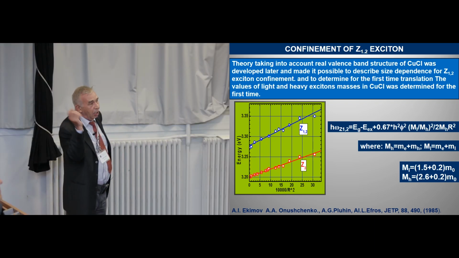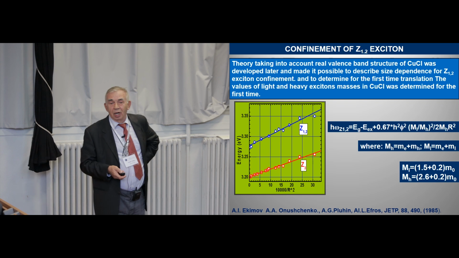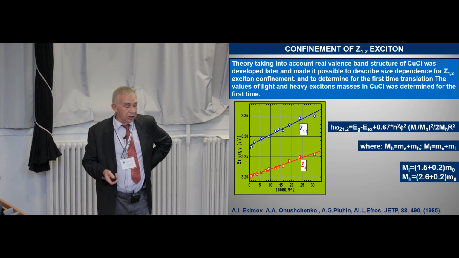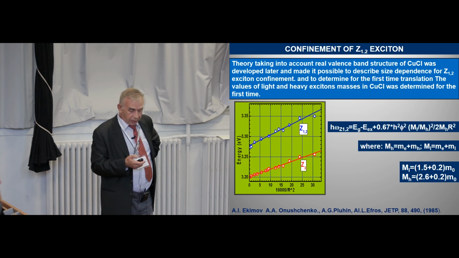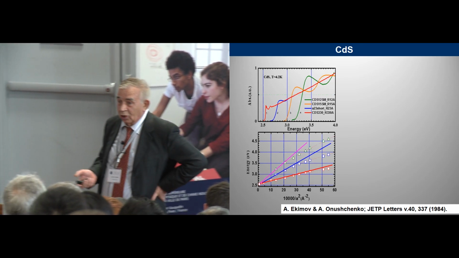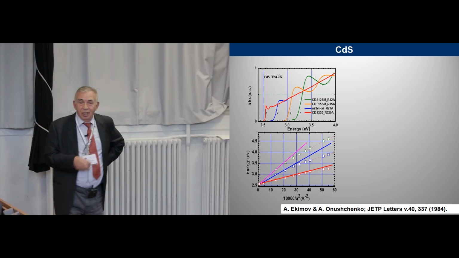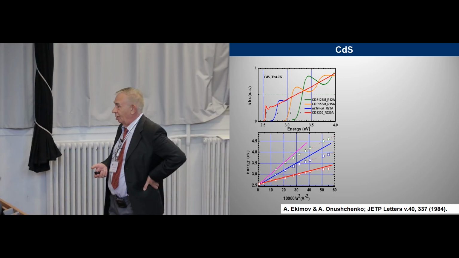And I think, to the best of our knowledge, this was the first measurement of the value of these masses in copper chloride. So it looks like, for copper chloride, for that simple situation, the problem is solved, and experiment is happy with the theory.